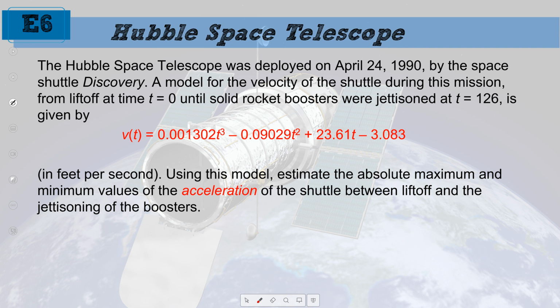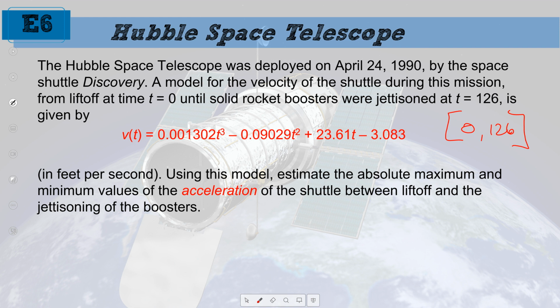How do you find an absolute max and min? You take the derivative of whatever the function is, you find the critical numbers, and you test the critical numbers with the endpoints. What are the endpoints for this function? 0 to 126. Good. My interval here would be 0 to 126.